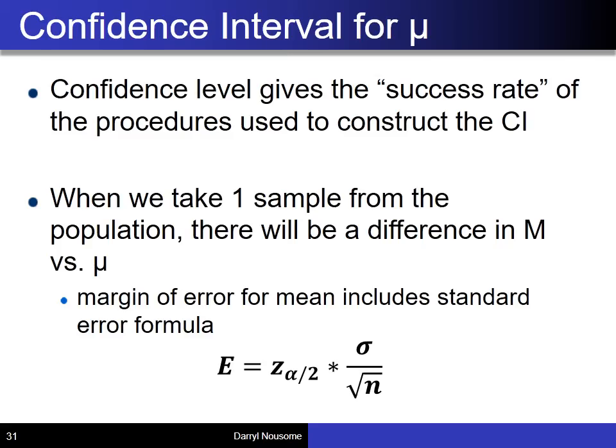So like we've seen before, in terms of calculating our confidence interval for a proportion, we're going to do the same thing but do it for a mean, right? So we're saying, what's the success rate of the procedures that we've used to construct the confidence interval? Or, given our sample values, how close is it in terms of measuring the true underlying population mean?